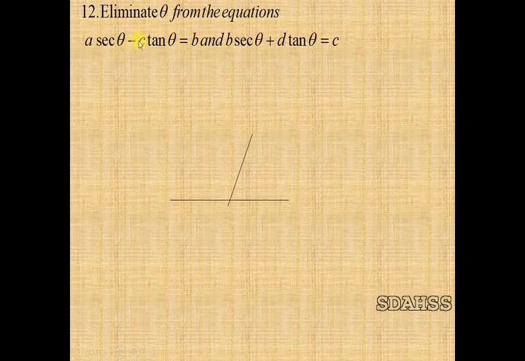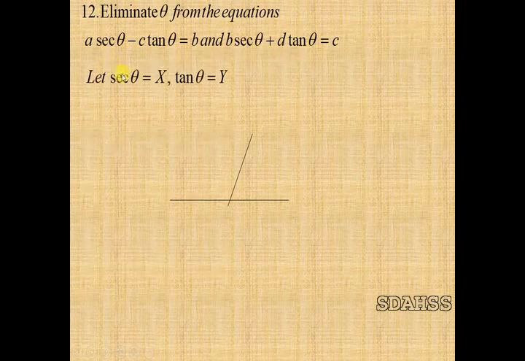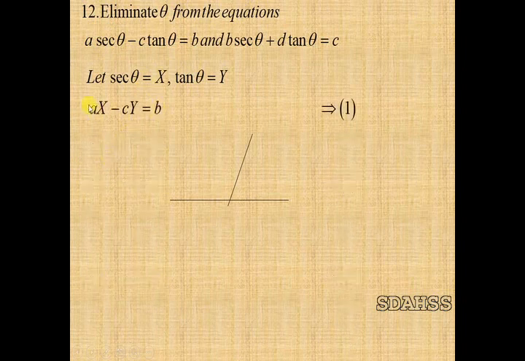a secant theta minus c tan theta is equal to b, and b secant theta plus d tan theta is equal to c. Eliminate theta from the equations. Let secant theta is equal to x and tan theta is equal to y.